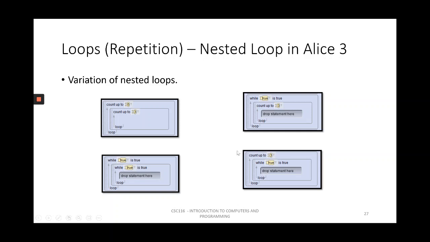Or for this one, the outer loop uses the count statement, but the inner loop uses a while statement. So this is the example of how we can use the nested loop.